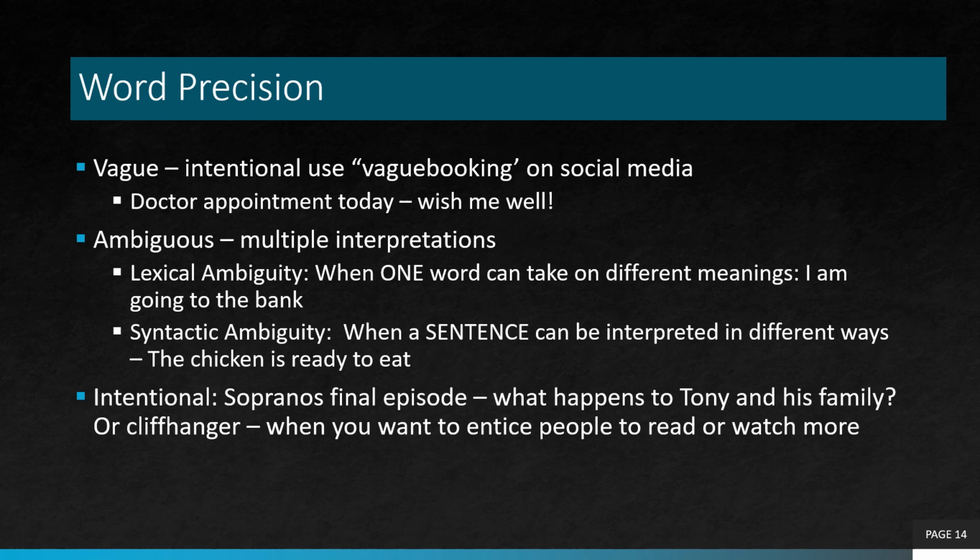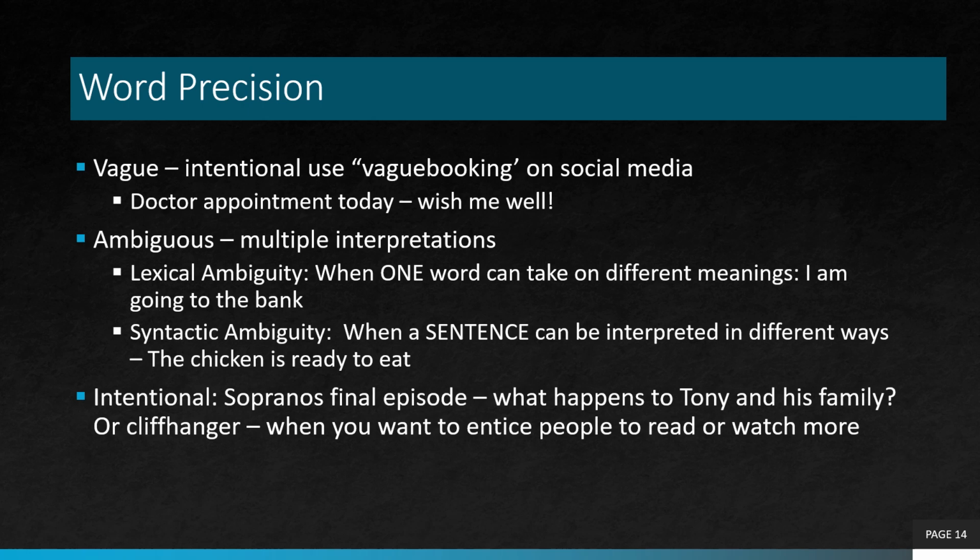Syntactic ambiguity is when a sentence can be interpreted in different ways. The chicken is ready to eat. Well, are we going to sit down and have a chicken dinner, or do we have to go outside and feed the chicken again? So you have to just be careful, right? These need a little more information in order for it to make sense to your reader.